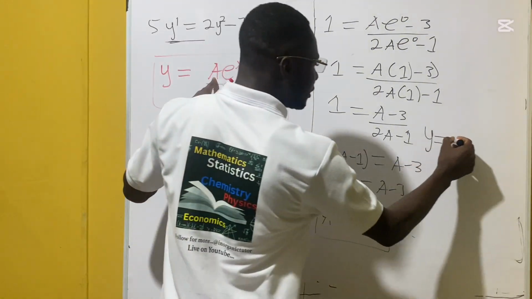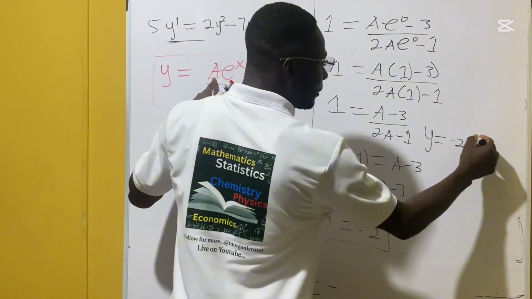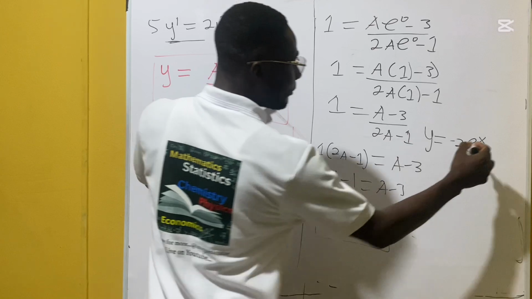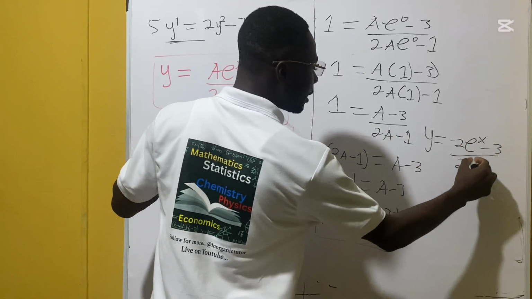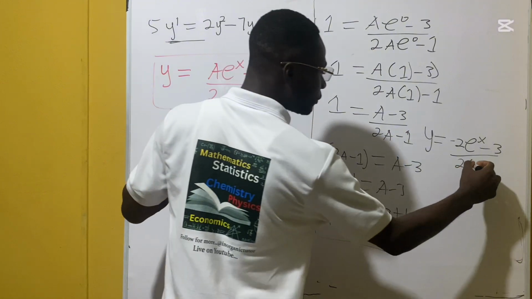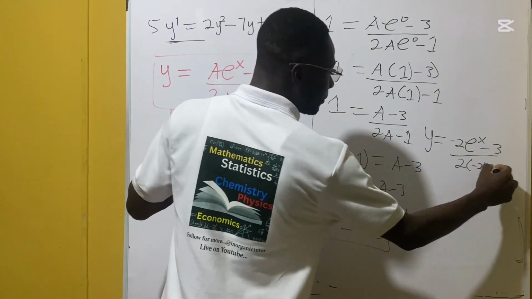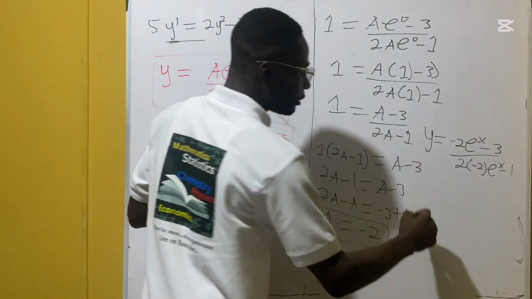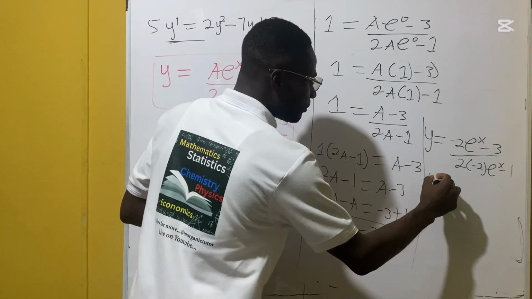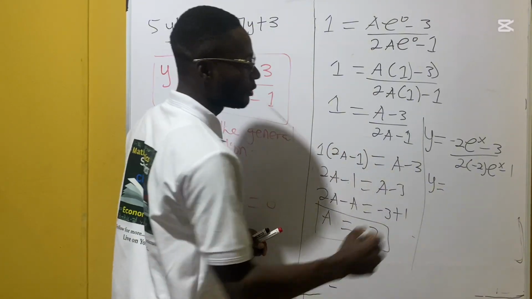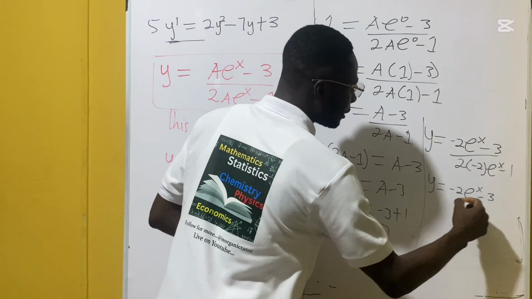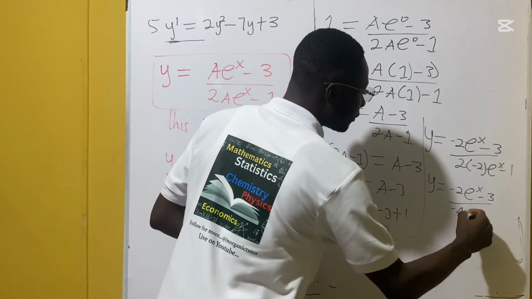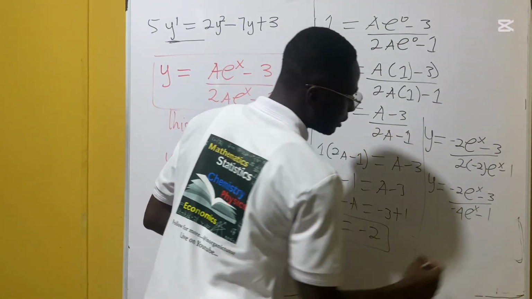So we have negative 2 e power x minus 3 on 2 times a, which is negative 2 e power x minus 1. So when we simplify this, you have negative 2 e power x minus 3 on negative 4 e power x minus 1.